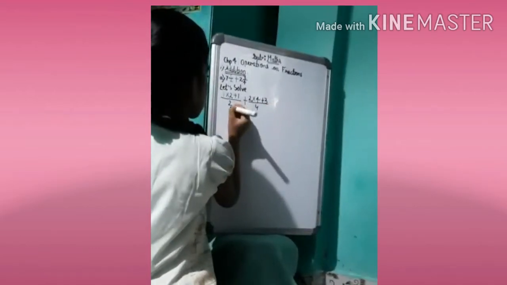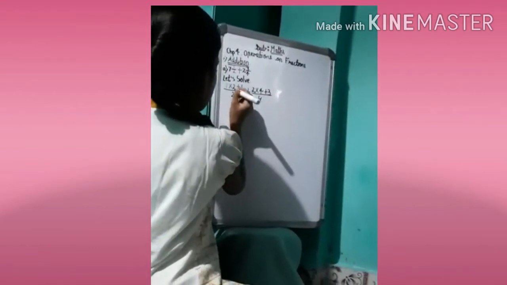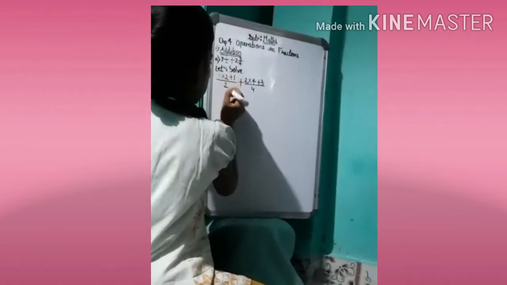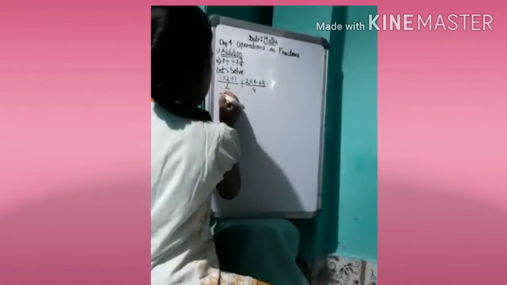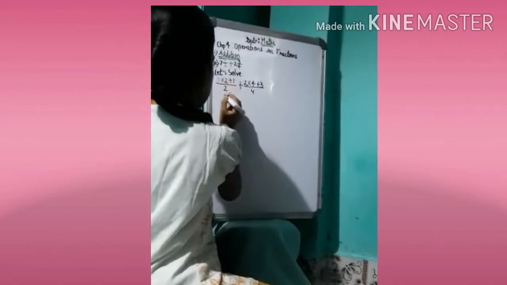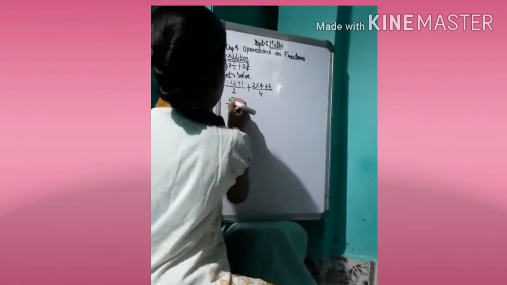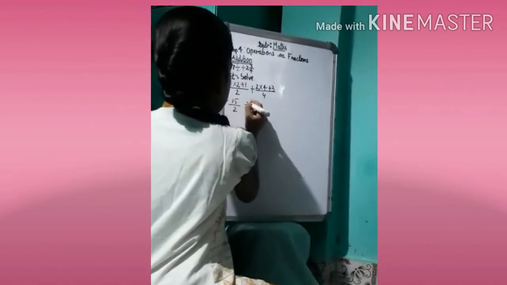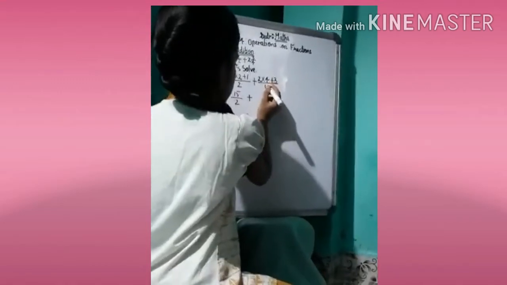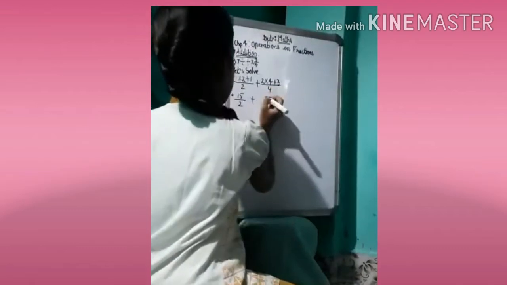Now here you have to first solve this. 7 multiplied by 2 means 7 2s is 14, plus 1 is 15 upon 2, plus 2 4s are 8, plus 3 is 11.